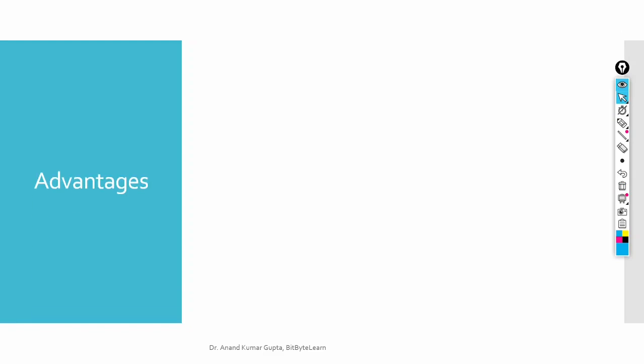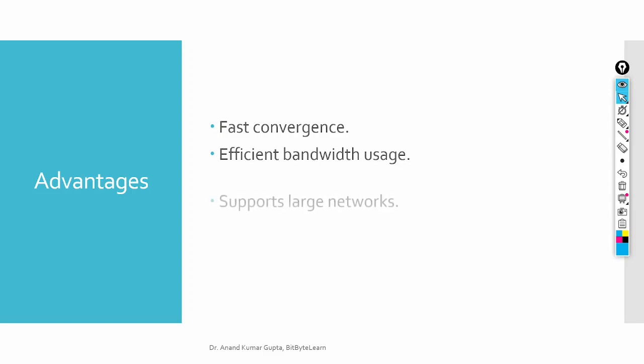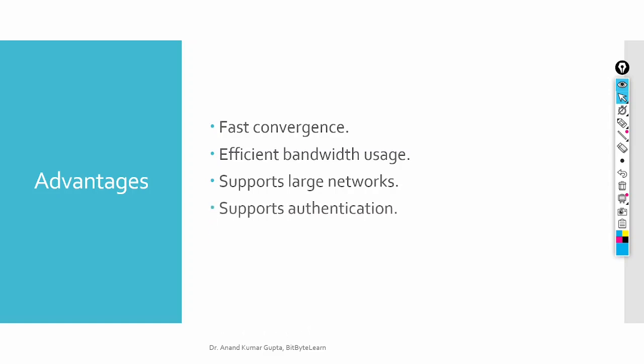Moving forward, we have the advantages of the Open Shortest Path First protocol. It is fast in convergence. It allows efficient bandwidth utilization and supports large networks compared to RIP. It is very robust and supports authentication mechanisms as well. And it is a vendor neutral protocol.